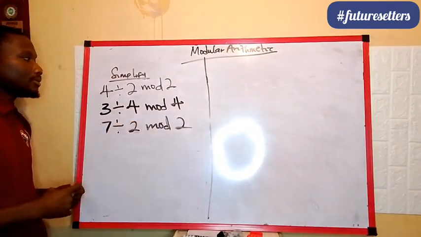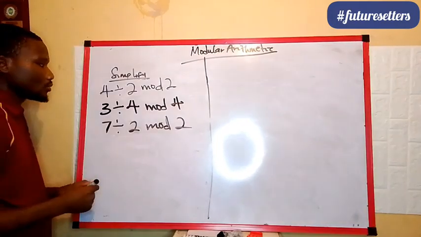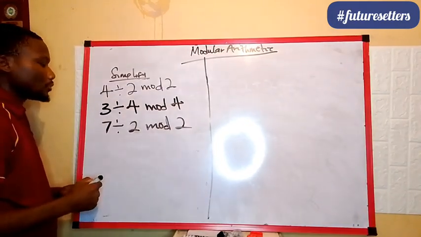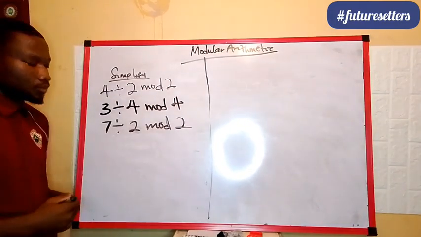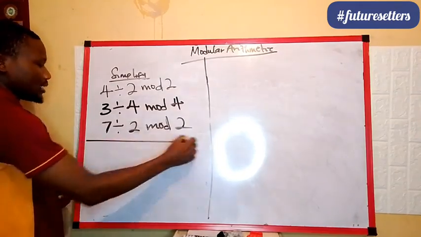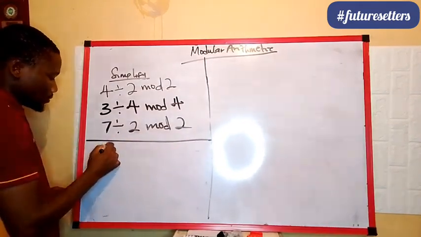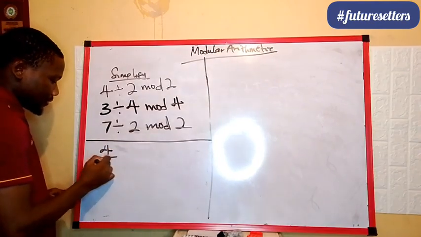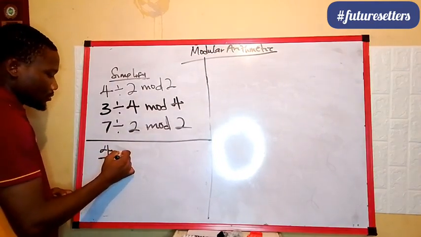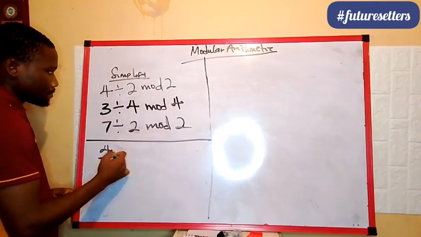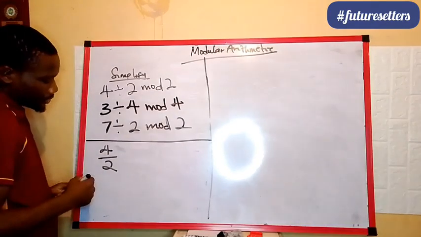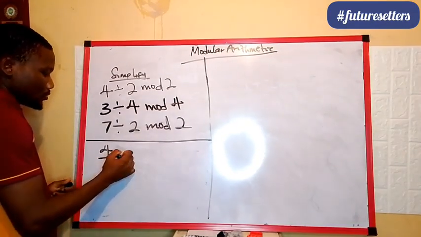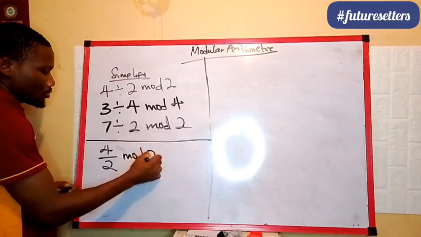So we have to simplify 4 divided by 2 mod 2, 3 divided by 4 mod 4, and 7 divided by 2 mod 2. To solve division, this is how we are going to do it. 4 divided by 2 mod 2.